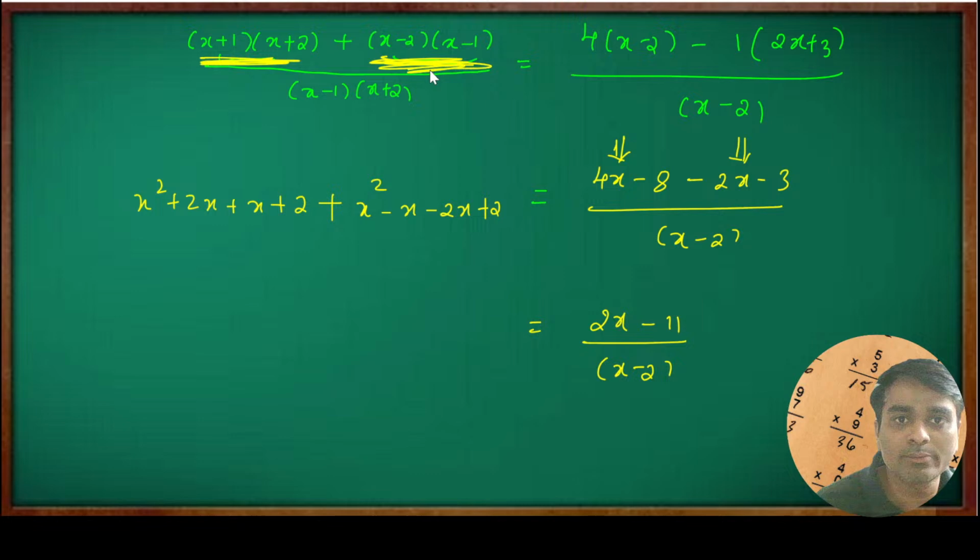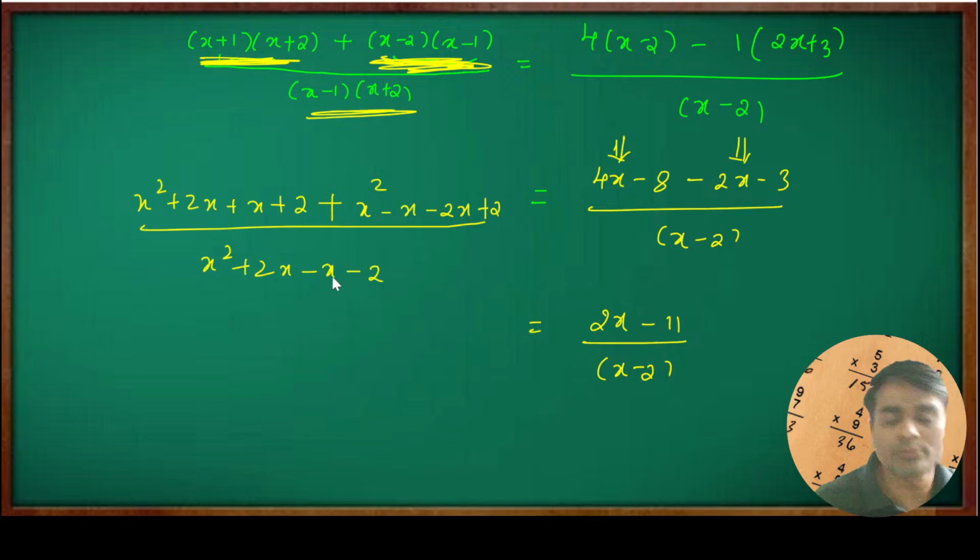I multiplied these two brackets, whole divided by, I will multiply this bracket also: x square plus 2x minus x minus 2. So like this you can simplify all these things.